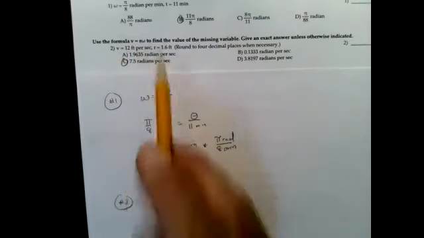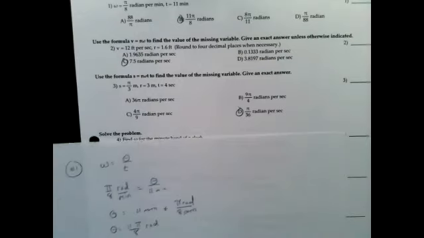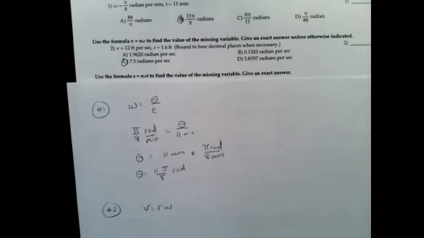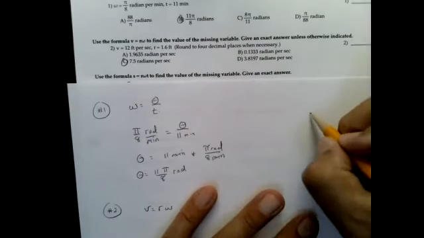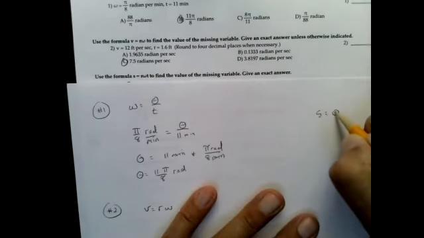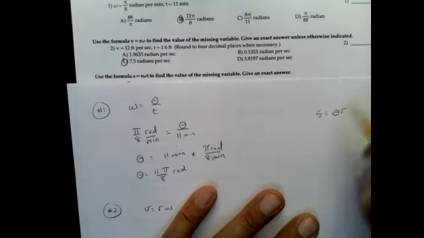But there may be some that say use the formula, and then there's going to be some that you come down here and it doesn't tell you which of the formulas to use. So that's one of those things I'm thinking when I get ready to take the test. I'm going to go S equals theta R. I know that.